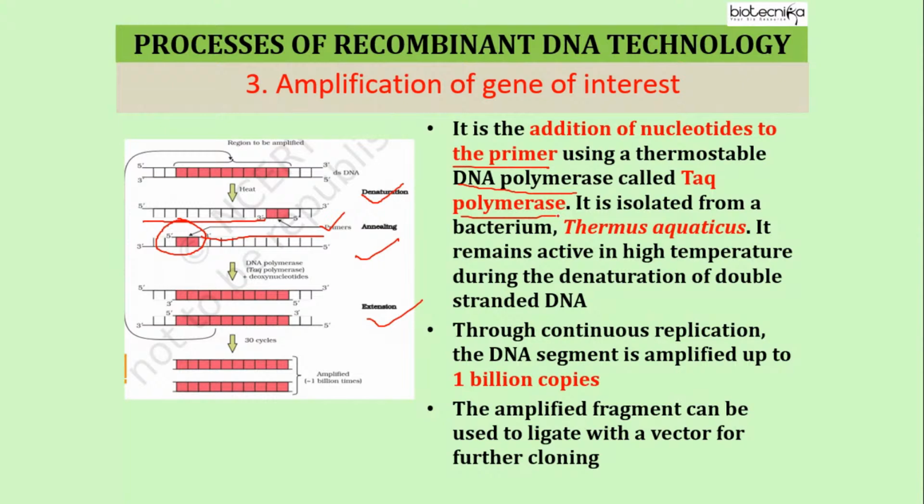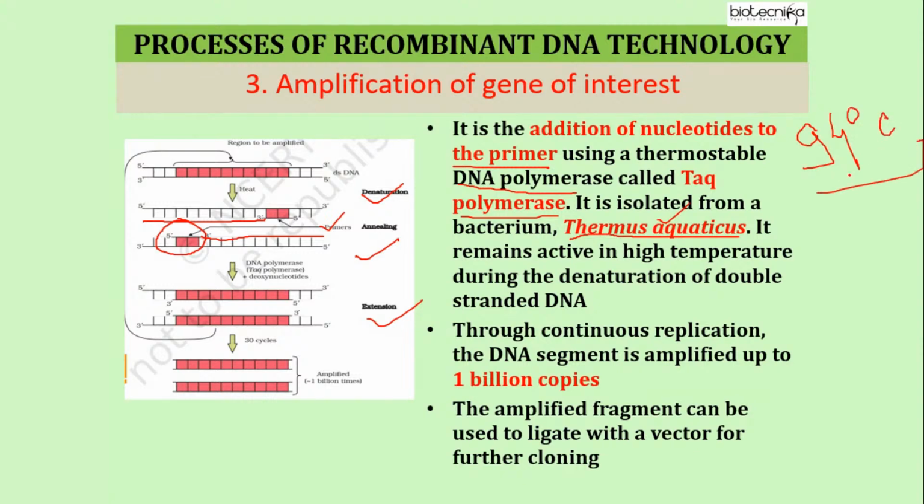And the DNA polymerase that we are using here is a hot spring DNA polymerase, that is Thermus aquaticus. Why not use the simple DNA polymerase that we have inside? Because this DNA polymerase has to bear the 94 degrees centigrade temperature that we provide during denaturation.